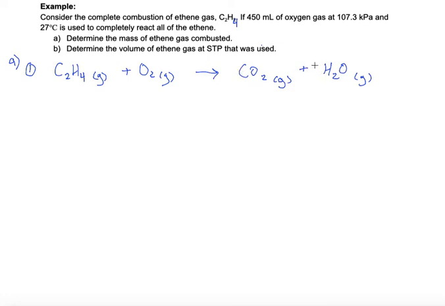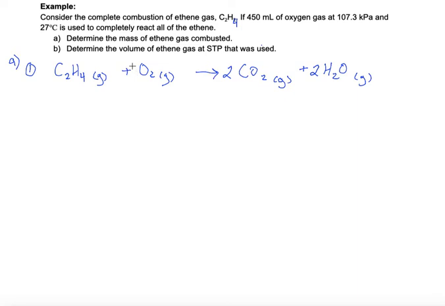So let's check out how this will go. If I put my 2 for my CO2 and my 2 for my H2O, that gives me 4 hydrogens, 2 carbons. That is 2 oxygens plus 4 oxygens. So that's going to be 6 oxygens.